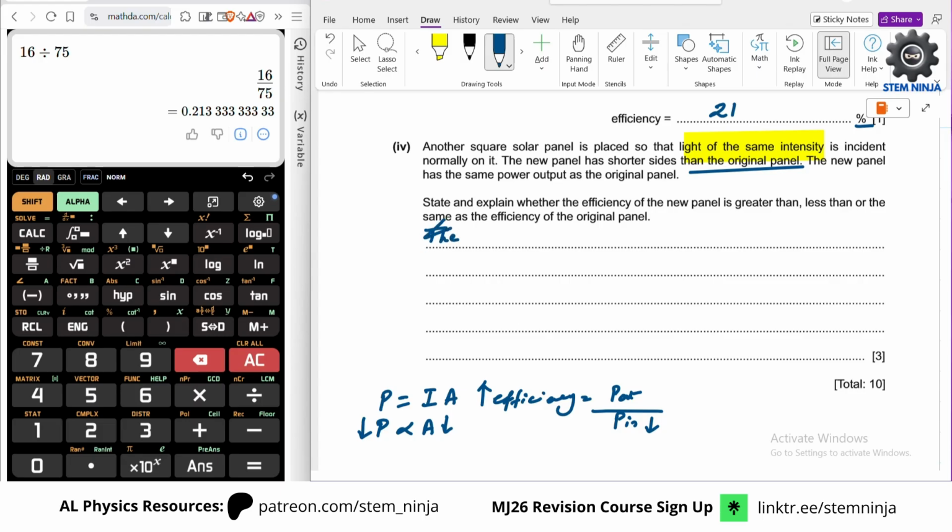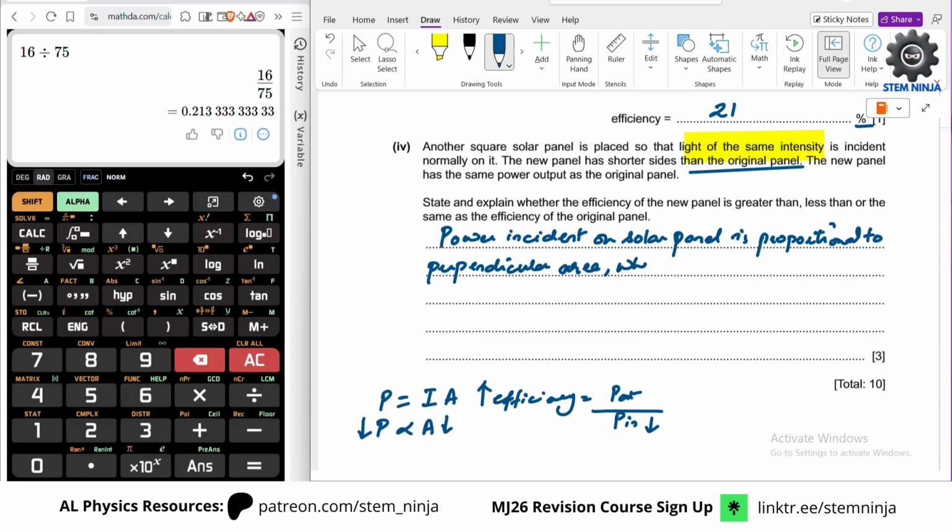The efficiency, so first, power incident on solar panel is proportional to perpendicular area, where intensity is constant.